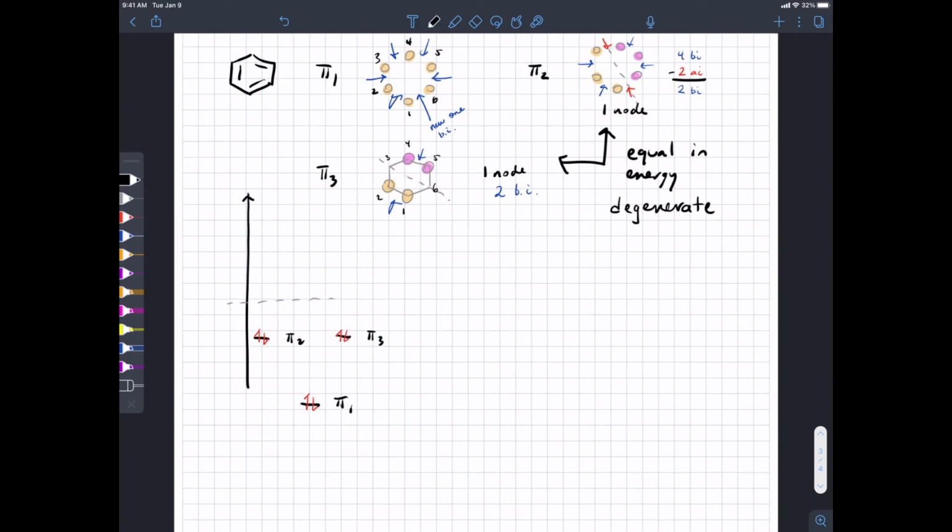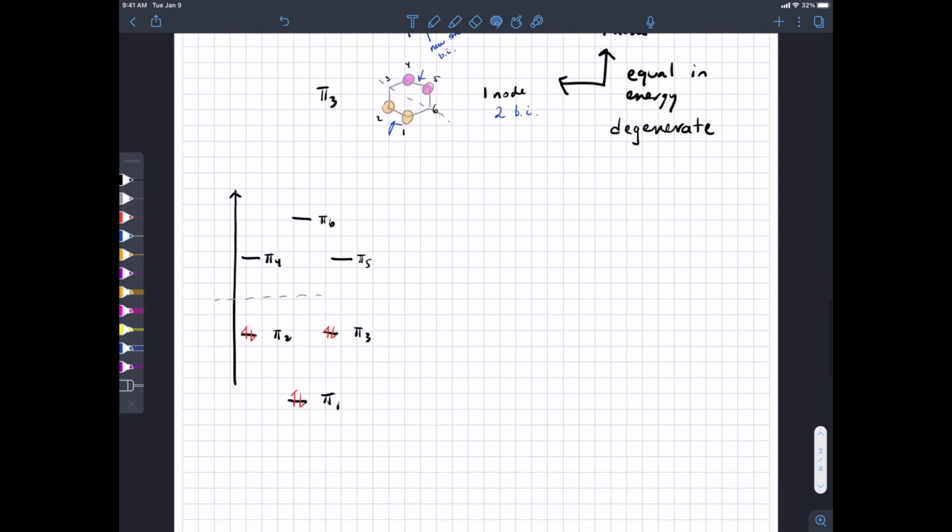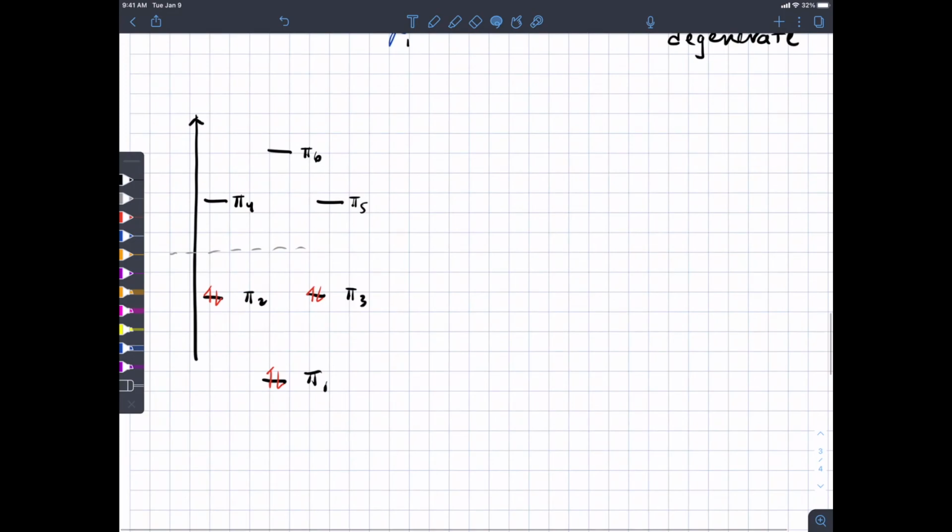And it will turn out that if you calculate the energies of the antibonding orbitals, you also have a pair of degenerate antibonding orbitals and then one highest in energy. And if you want to see what pi 4, pi 5, and pi 6 look like, the Smith text will tell you that. You can take a look. This is where the 4n plus 2 rule comes from.